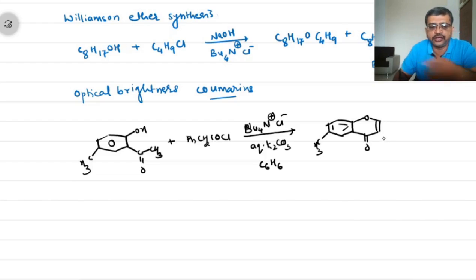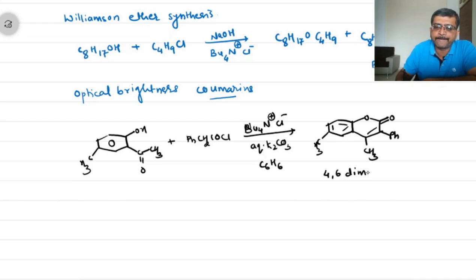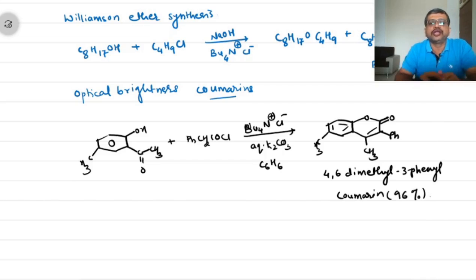We have also seen coumarins like 4,6-dimethyl, 3-phenyl coumarin obtained in excellent yields of 96% by using tetra-N-butyl ammonium chloride.